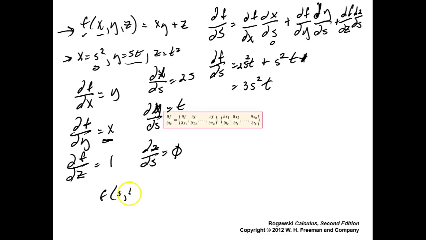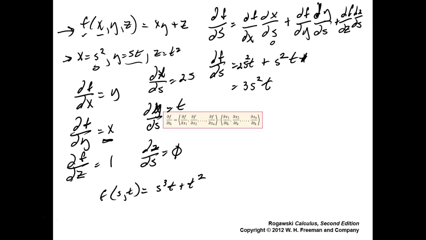So you came out with f of st. What we got before was s cubed t plus t squared. Okay? Now, you weren't here when we did it, but here's what we did.